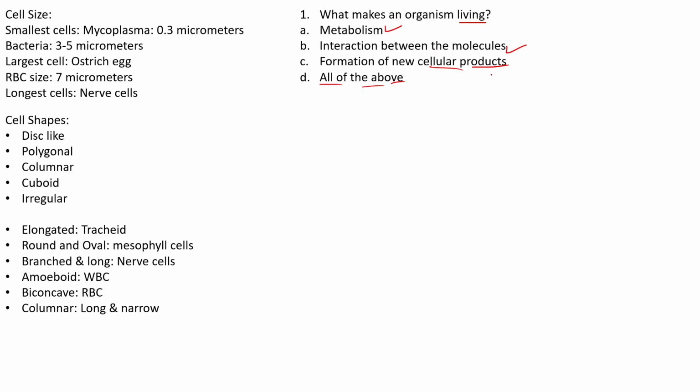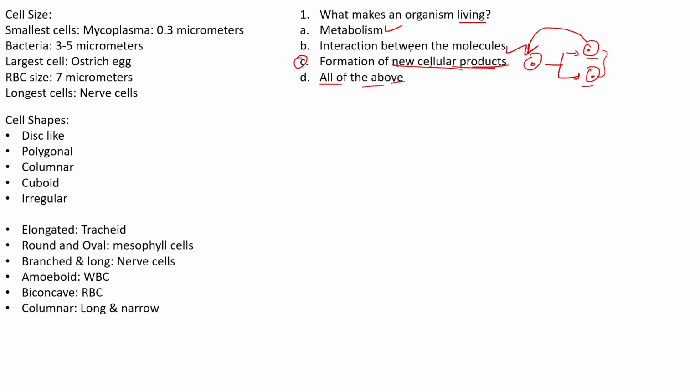The third statement you may find not relevant: formation of new cellular products. For example, a cell will divide to give us two cells, right? So these two cells are derived from where? An existing cell, and these two cells are the product of a cell only.